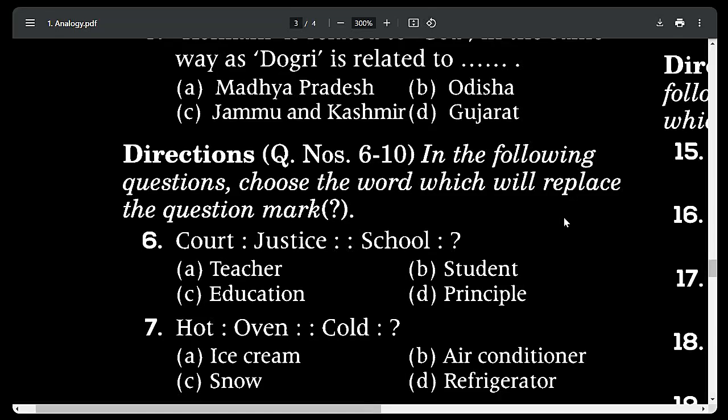It is an electronic device to heat what? To heat food items, right? Yes, sir. Now, similarly, to cool the food items, which device are we going to use? Refrigerator. Yes, refrigerator is nothing but fridge, right?